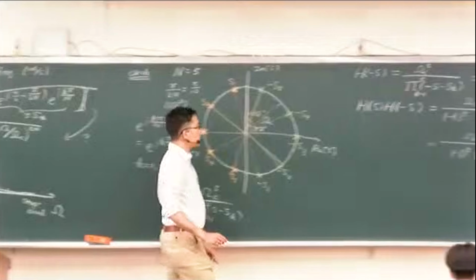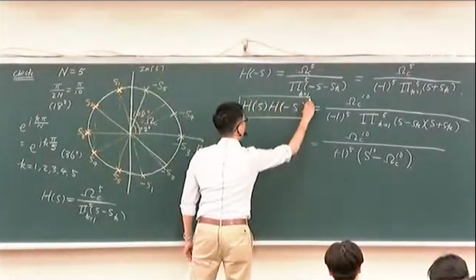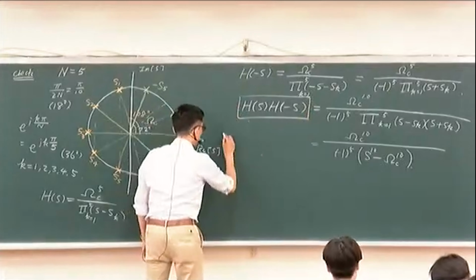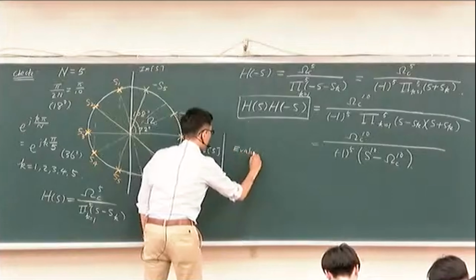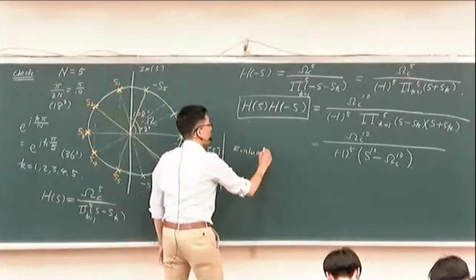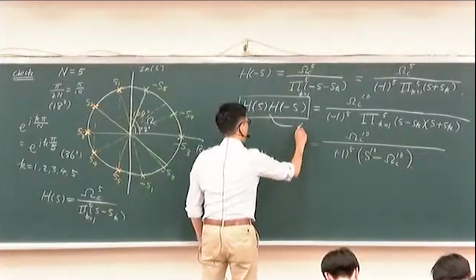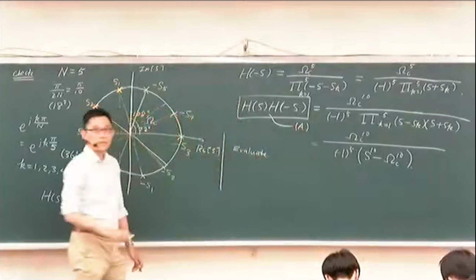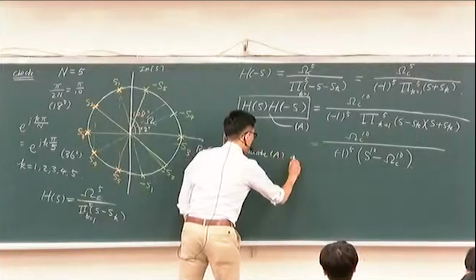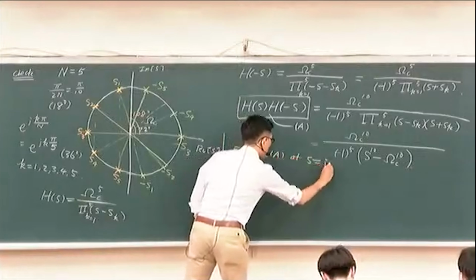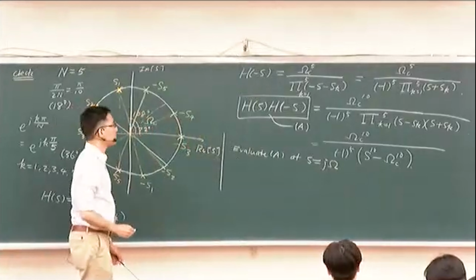So now, finally, we can evaluate this expression. Let's say this is expression A. Let's evaluate expression A at S equals j omega and see what we get. Okay, so that's the next step.